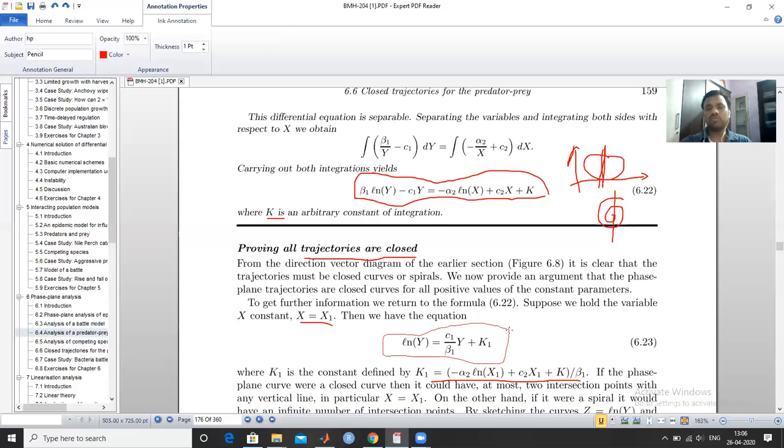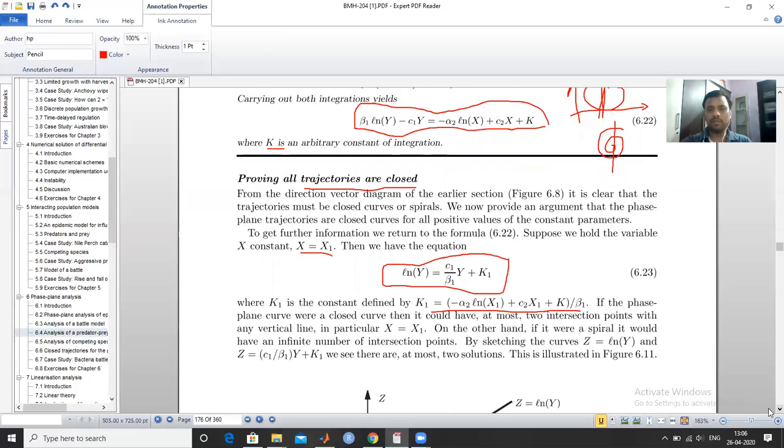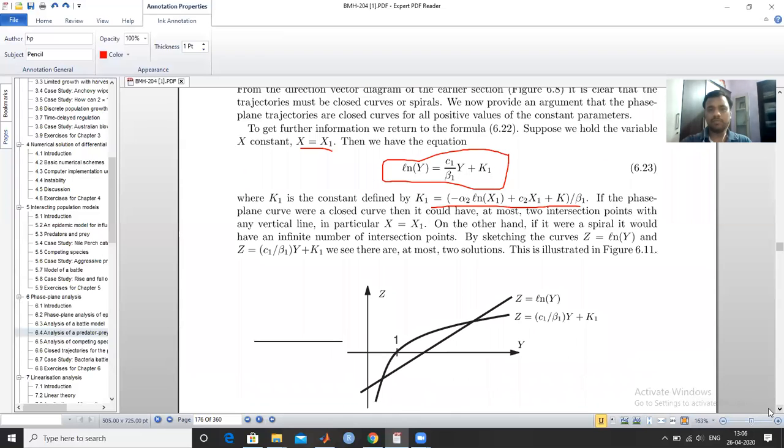So now we want to show this is a closed curve. To show this, we plot it with respect to different parameters.